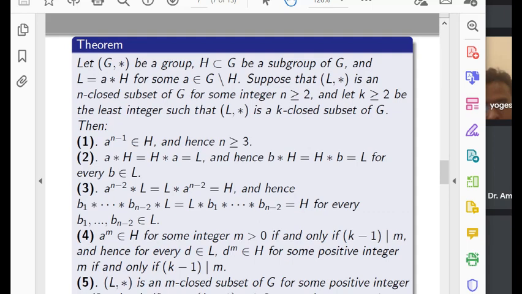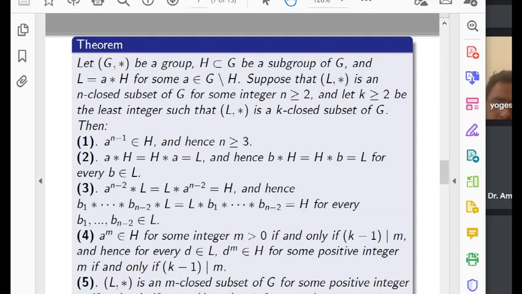Let's look at number 5 again. Remember, L is a left coset, and I already know that L is an n closed subset. I already know that. It's given. And K is the smallest positive integer where this is true.